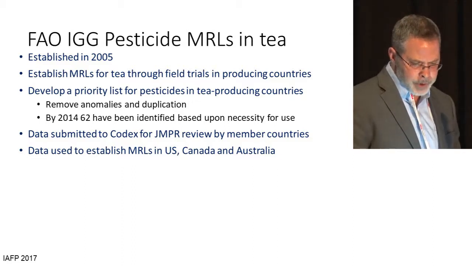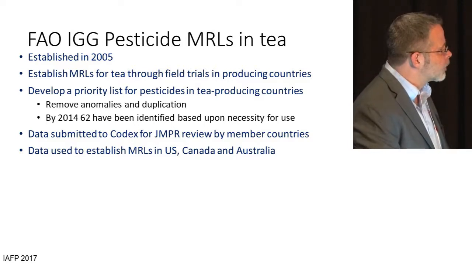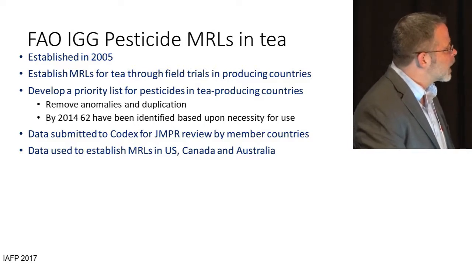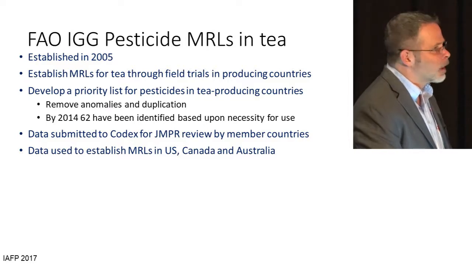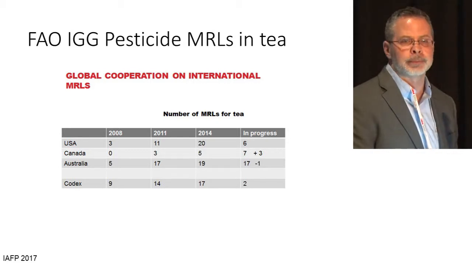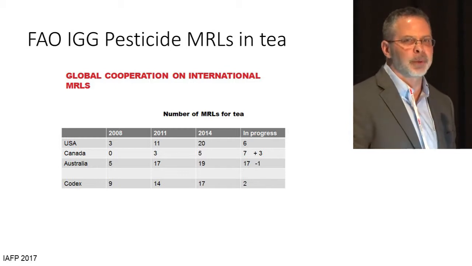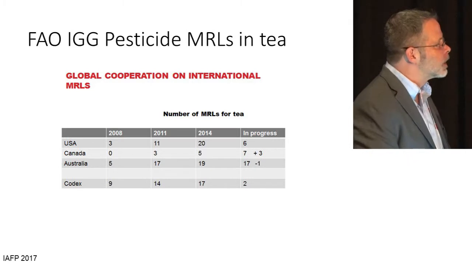And I'll show you here. This is only 2014, so there's been a number added since then. But even by 2014, you went from 3 allowed in 2008 to 20 allowed in 2014. And that's not through making a different case for risk, it's through actually doing the homework to try to get the risk evaluations done so we don't have to deal with zero tolerance.